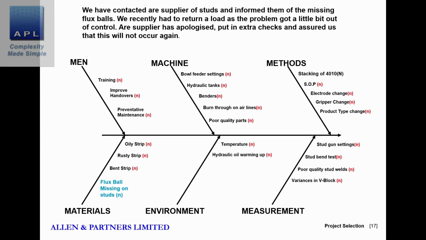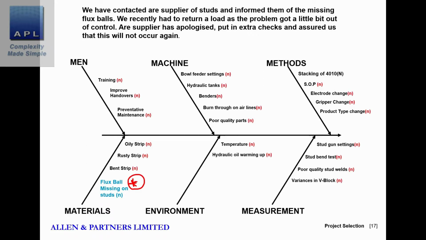Moving on. Now they've got a problem with another supplier. So the studs come in pre-made, and they're supposed to have a flux ball sitting on the end of the stud for the welding process to work. Some of the flux balls are missing. So of course that's going to get fed back to the supplier.